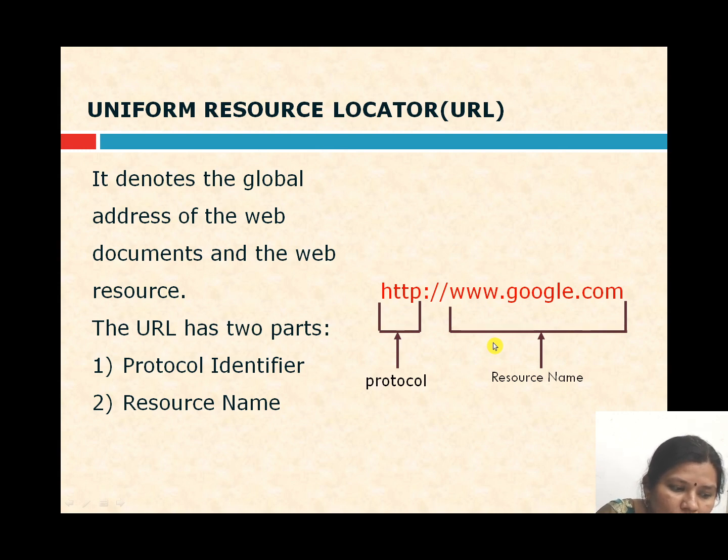What is the protocol? HTTP, as I already said. And www.google.com is a resource name. The protocol identifier tells the internet browser what protocol needs to be followed to access the address. And the resource name specifies the complete address, like www.google.com or www.youtube.com, the address of the resource on the internet.